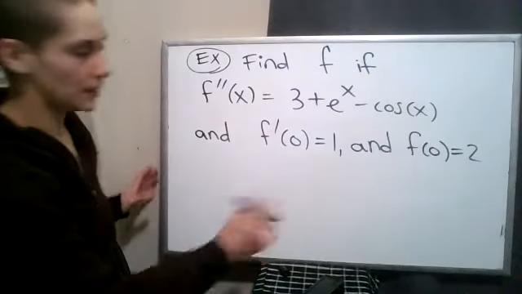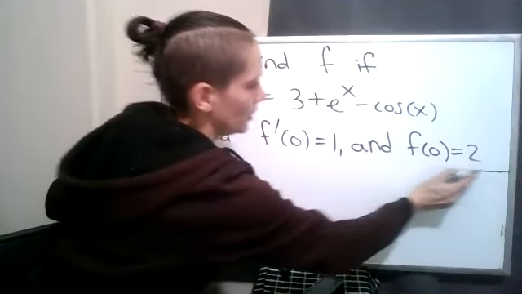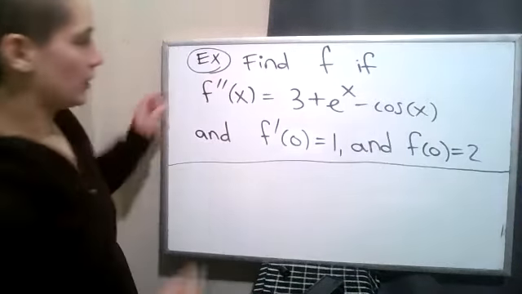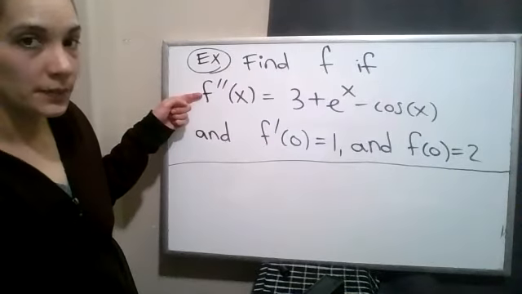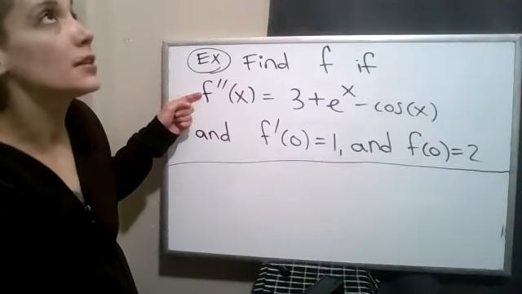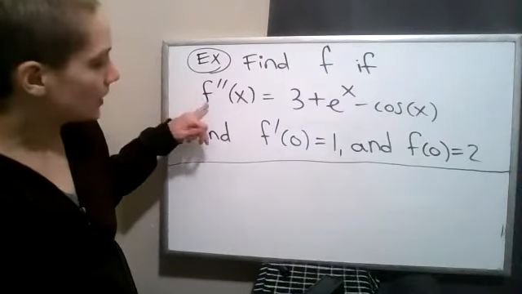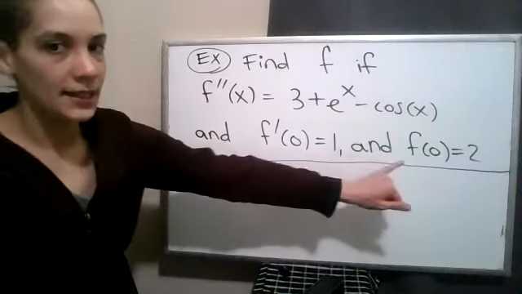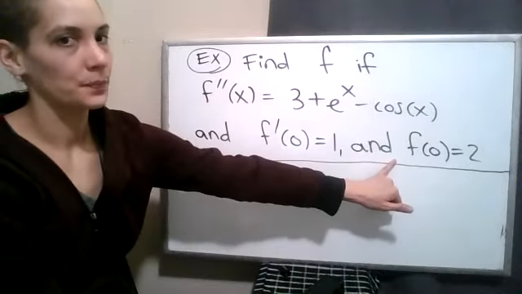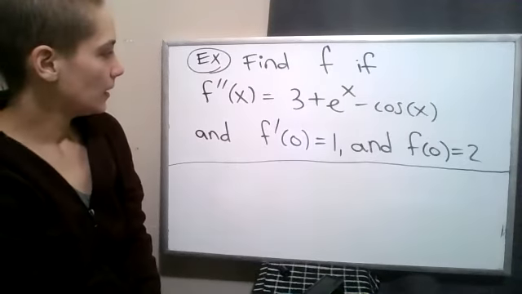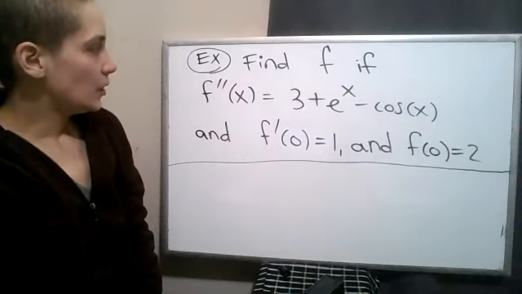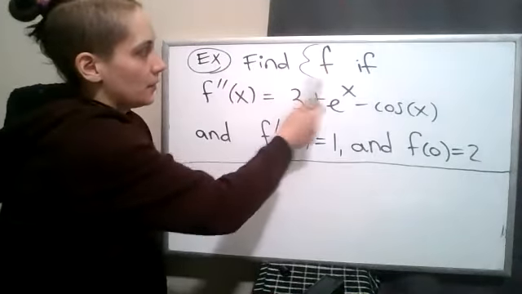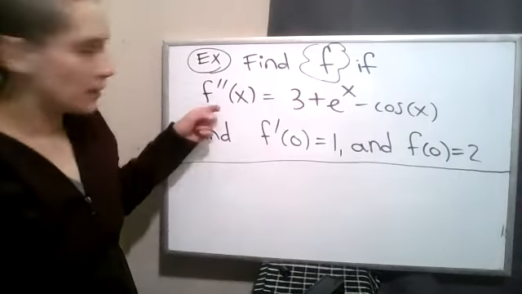And then that's all the info you get, which we're going to point out is your differential equation. It's an equation that contains derivatives. This is an initial condition, and this is an initial condition. You want to find f, but you're given f double prime.